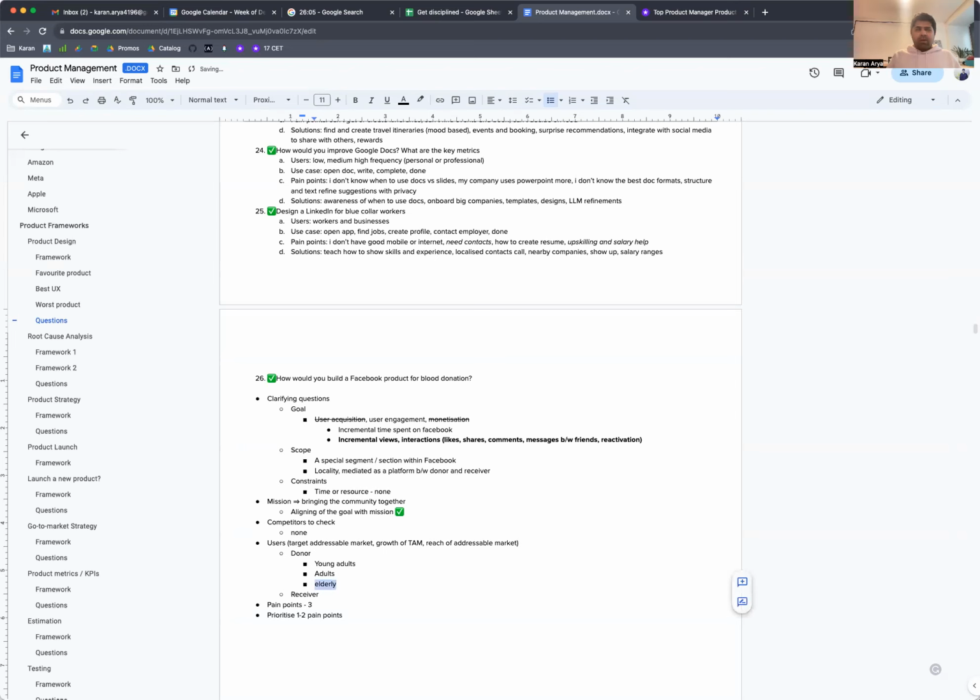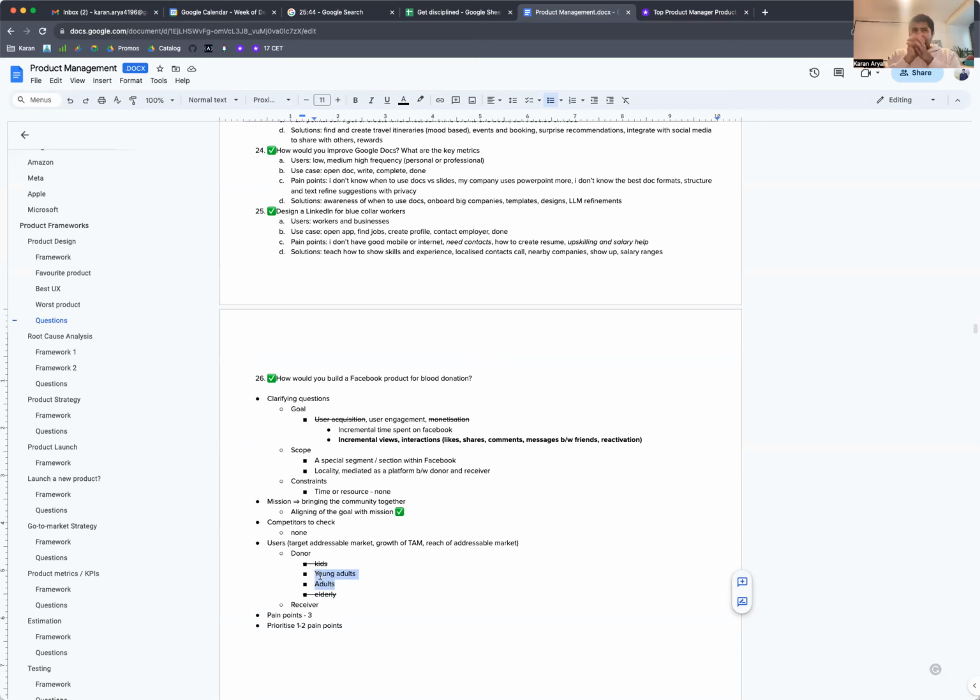And again, it is not recommended for kids and elderly to donate blood. So probably young adults and adults.